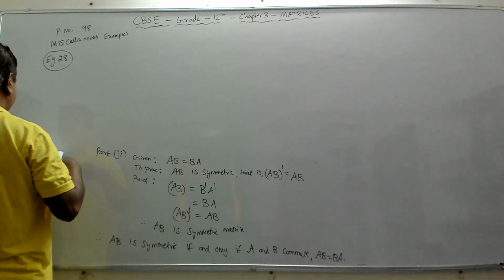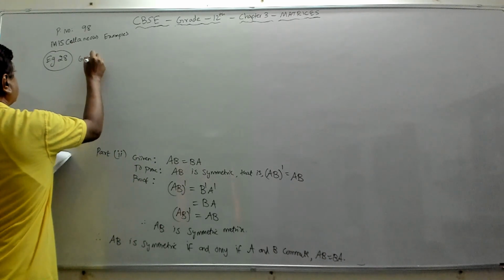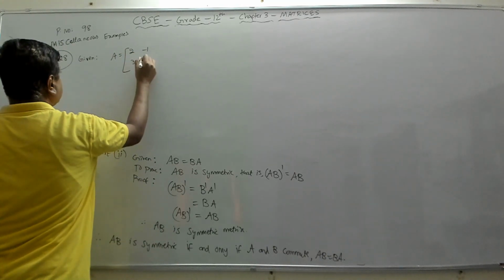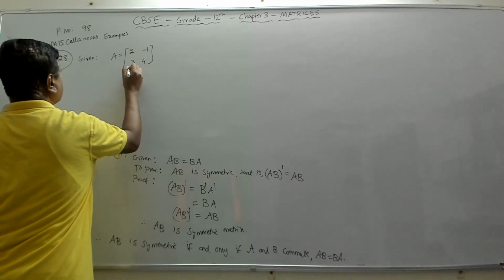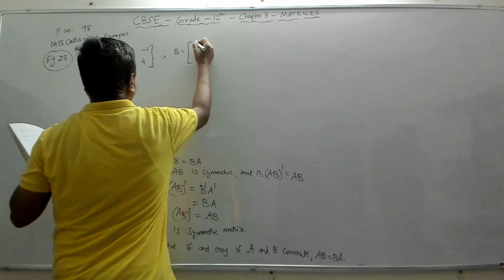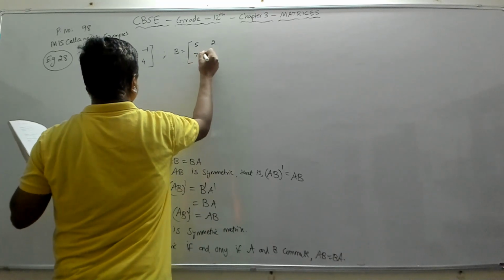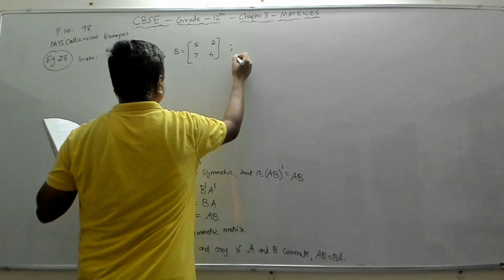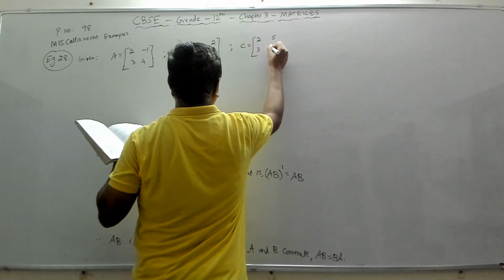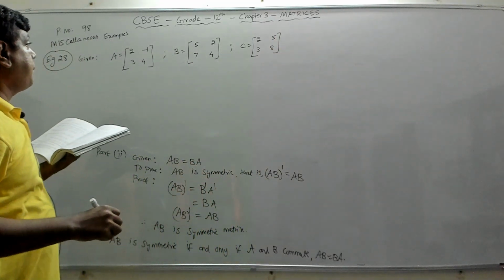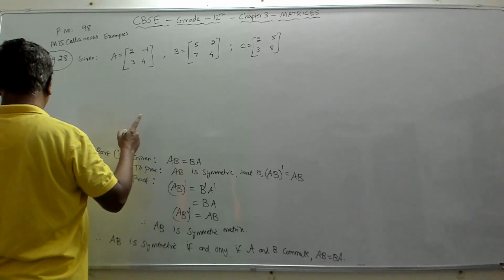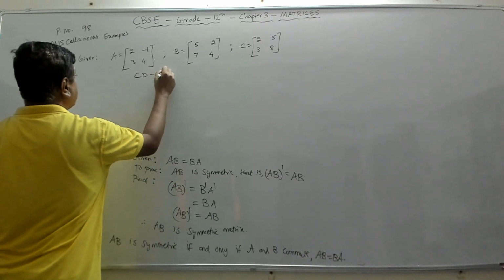We have to find the matrix D. Given is A matrix equal to [2, -1; 3, 4] and B matrix equal to [5, 2; 7, 4], and C matrix equal to [2, 5; 3, 8]. We have to find the matrix D such that CD minus AB equal to 0.